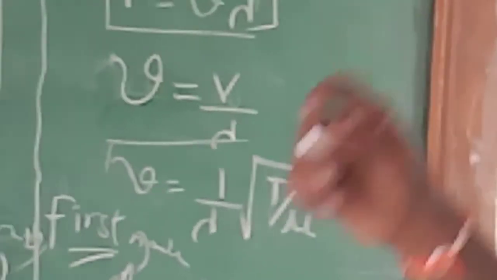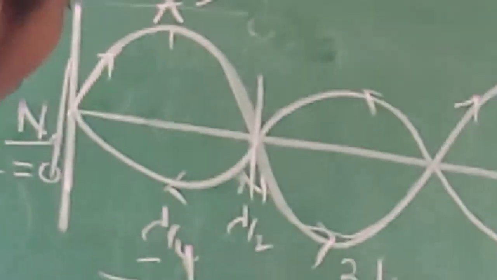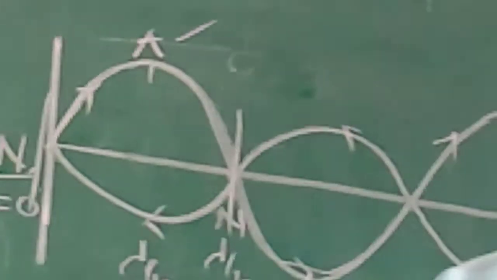Now for the first mode we find the fundamental frequency. The distance from node to node is lambda by 2, so the length L is lambda by 2.